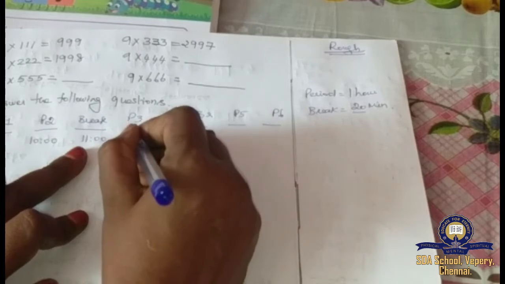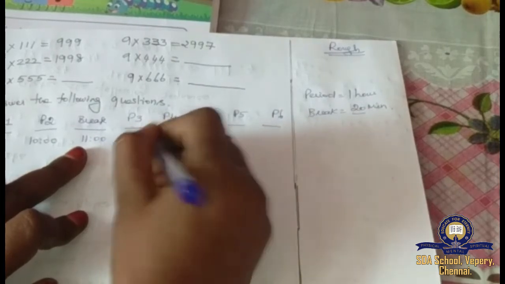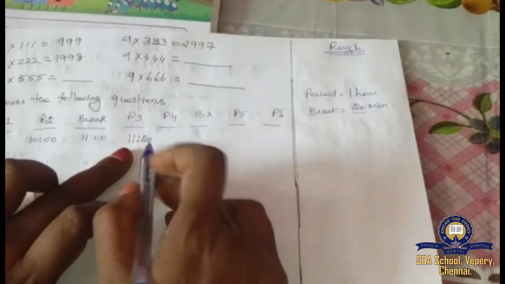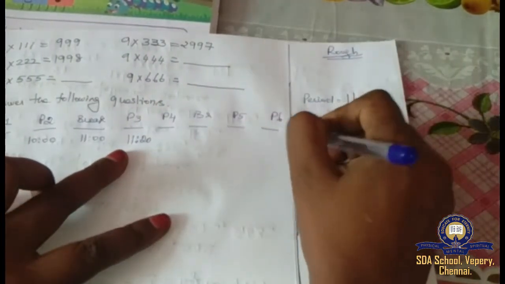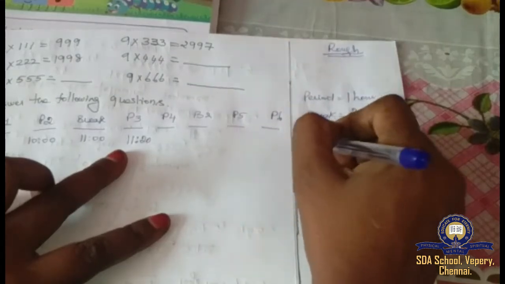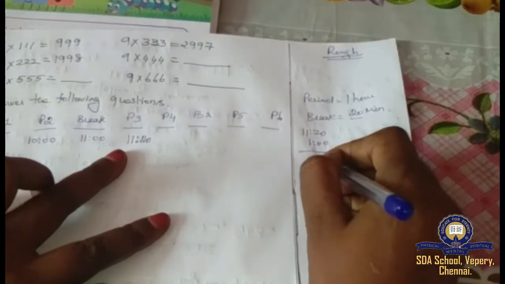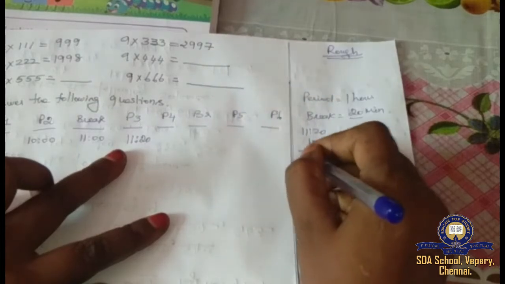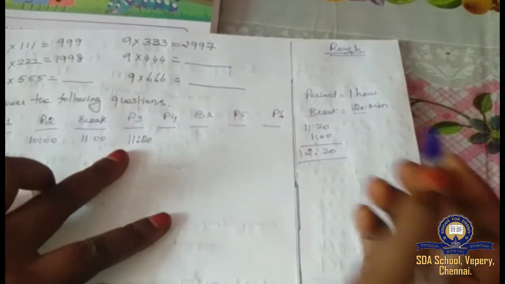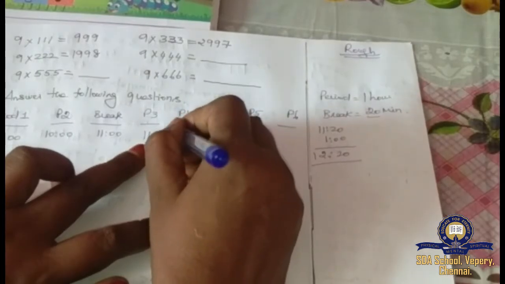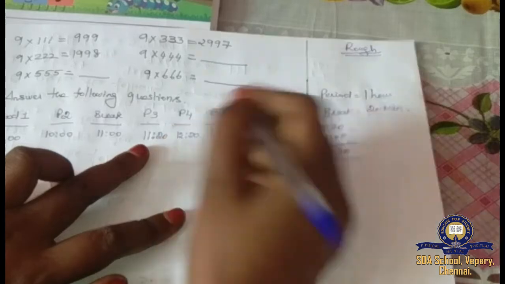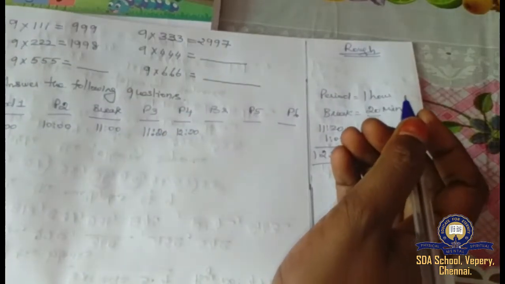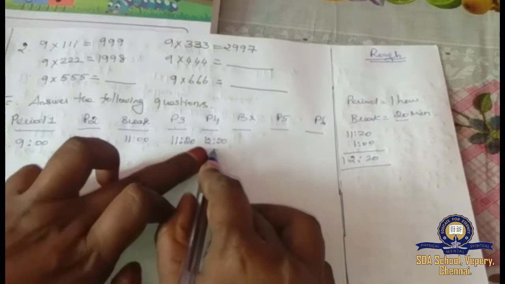So 11 plus 20, 11:20. After that you have to add 1 hour. So 11:20 plus 1 hour: 1 plus 1 is 2, so 12:20.